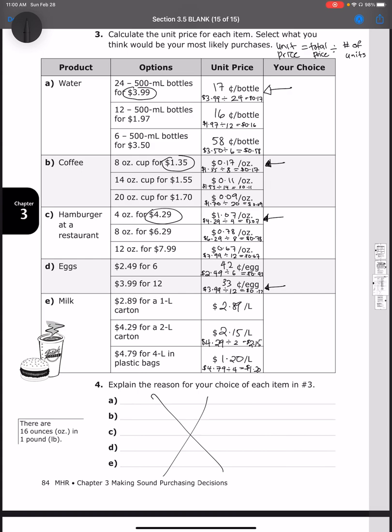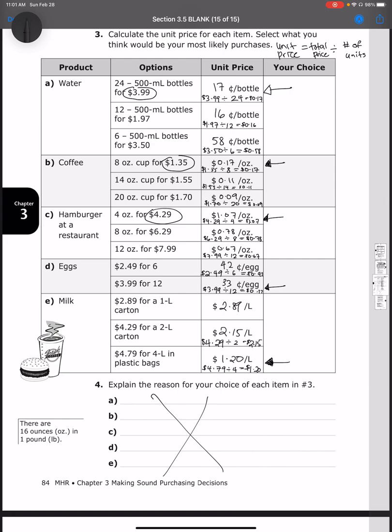So which option would I choose? I would choose this last option here. This one has the cheapest unit price. So the last two questions, D and E, I was making my decision based off of the cheapest unit price. Whereas with B and C, I was making my decision based off of the cheapest overall price.